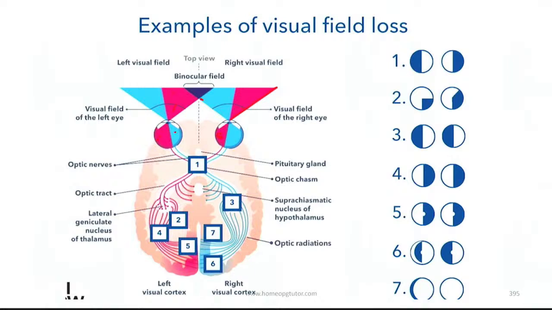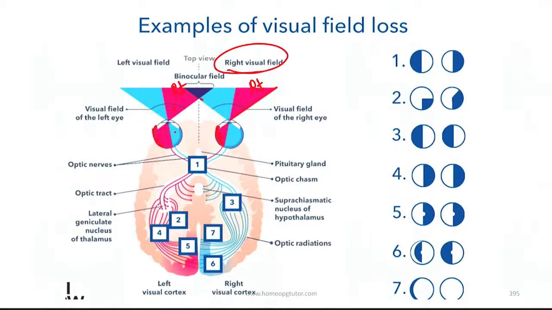So remember the blue field, blue is the left side. So left visual field and right visual field is shown over here. Remember the visual field of the right side, that is the pink one. This is the right visual field of the eye. Right visual field is taken up by the nasal fibers of the right eye and the temporal fibers of the left eye.